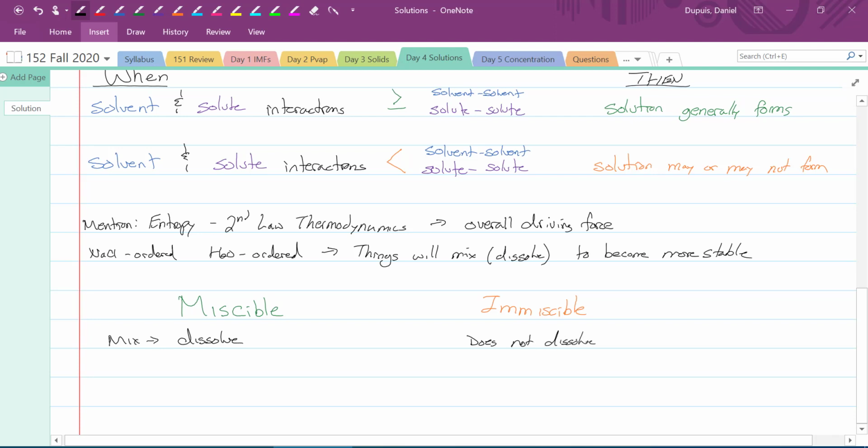All right, and this goes back to like dissolves like. So polar dissolves polar, nonpolar dissolves nonpolar. Okay, you kind of knew this.